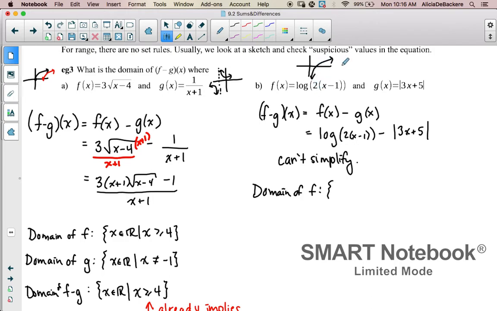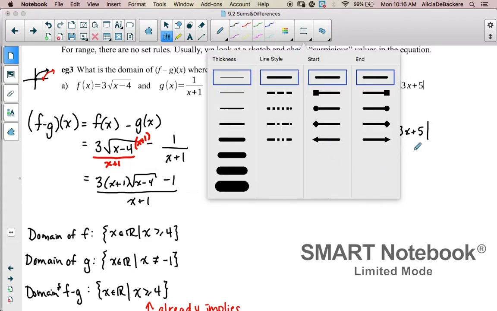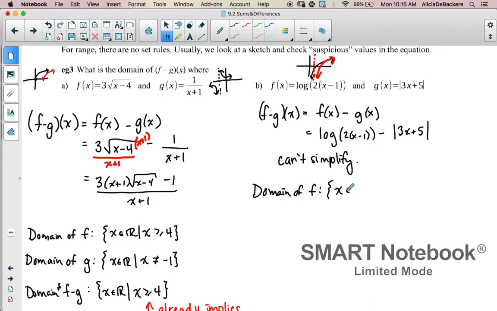That's not going to actually change my domain, and then it's been shifted 1 unit to the right this time. So now what I've got is the vertical asymptote being shifted here, and there's my resulting graph. So I can see that x belongs to the set of real numbers, and x has to be greater than 1, not equal to 1. It can't actually ever touch the asymptote.